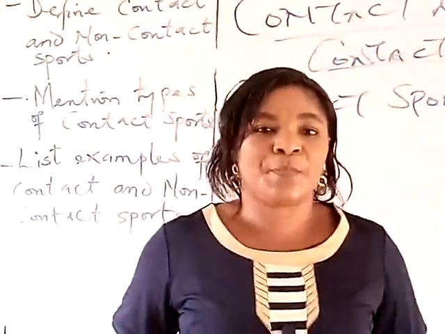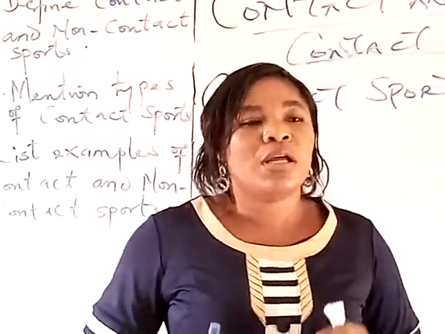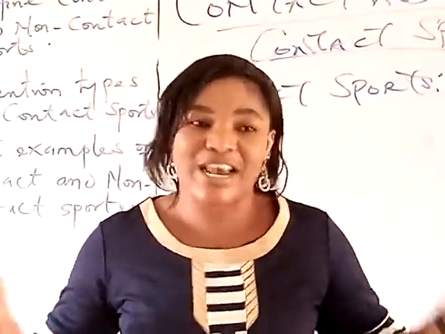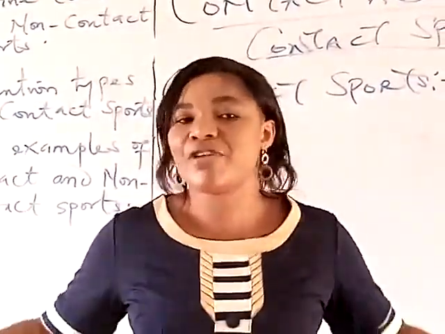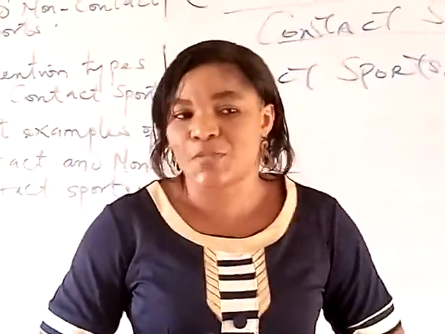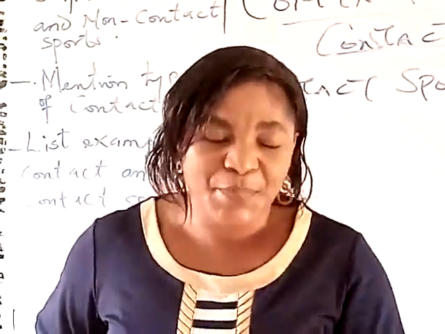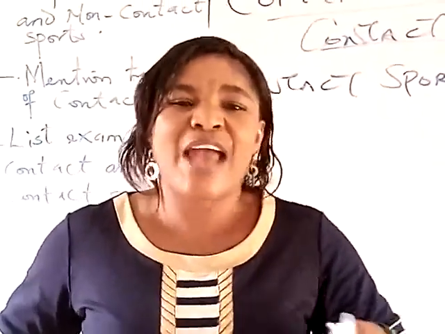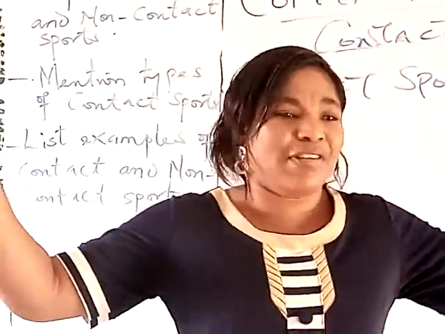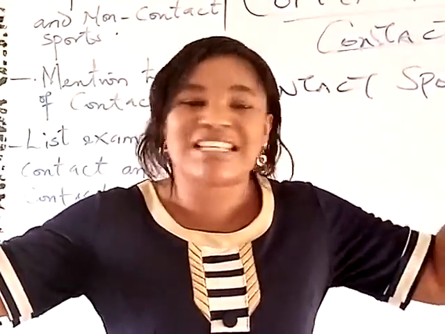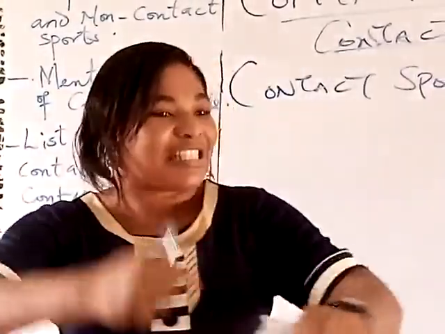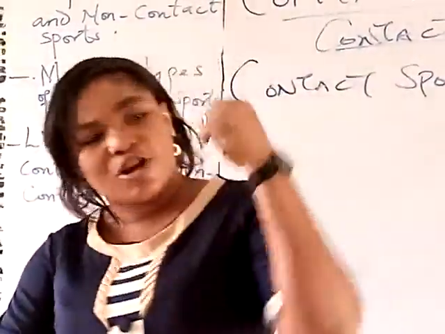You must have bodily contact with one another because it's part of the style of that particular game. For example, let me cite wrestling as a very good example of contact sport. There is no way you are going to perform wrestling as a sport and not have bodily contact with one another. It's impossible. You must hit one another. You must touch one another.